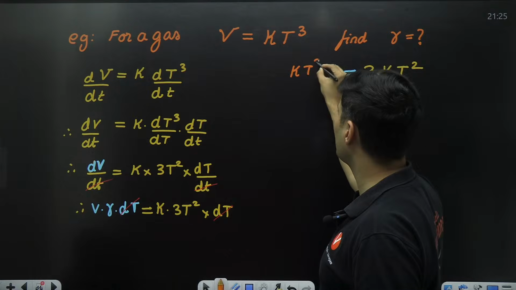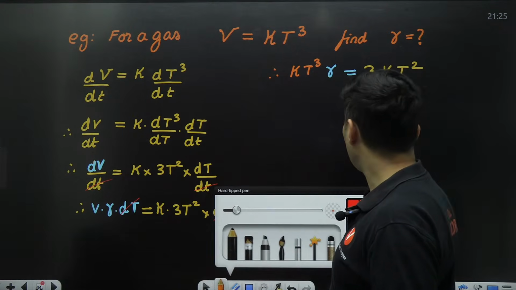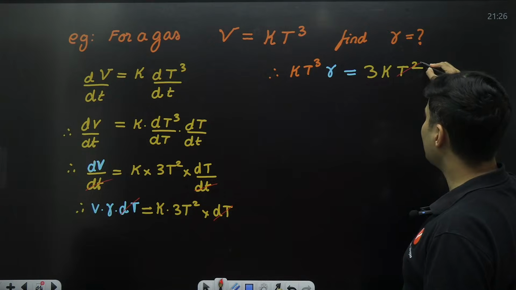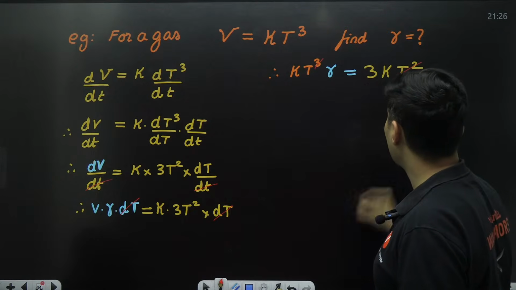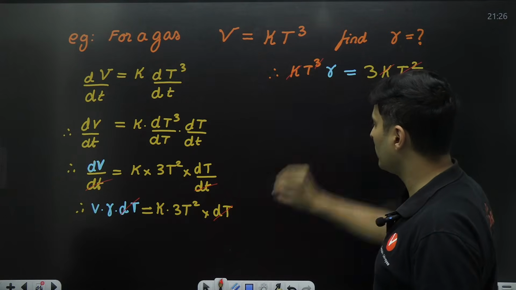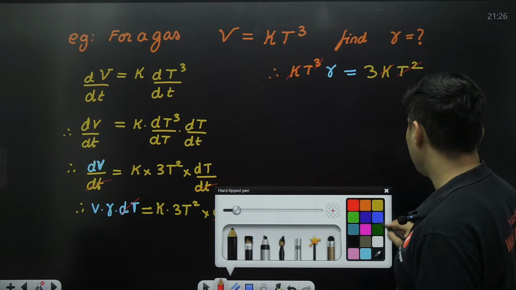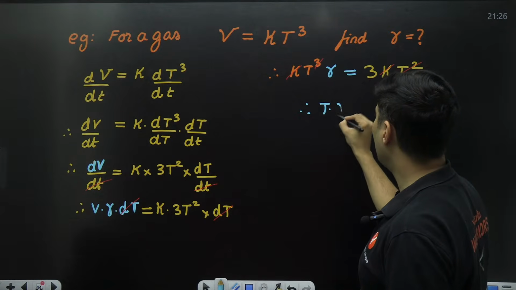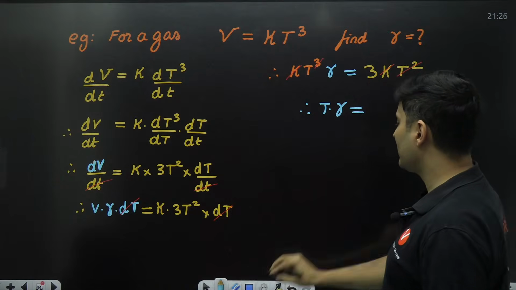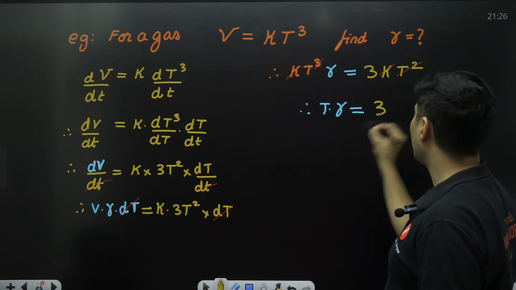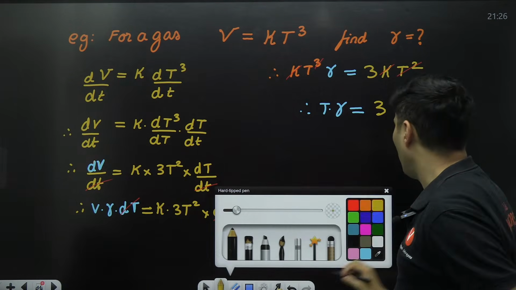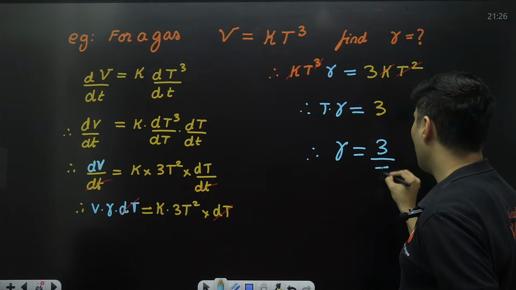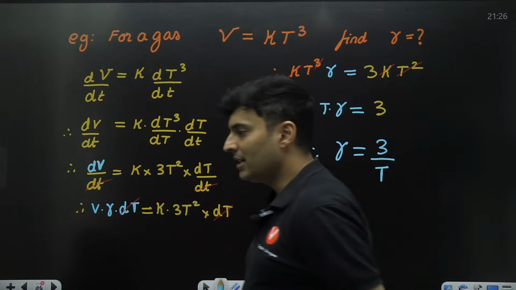So just put K T cube here. Once you do that, more things cancel: T square and T square, K and K. What am I left with? T multiplied by gamma is just equal to the number 3. Therefore, my gamma value is 3 by T. That's it. Done and dusted.